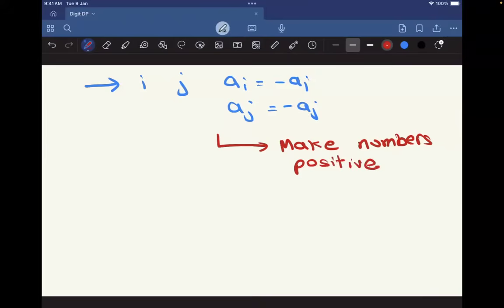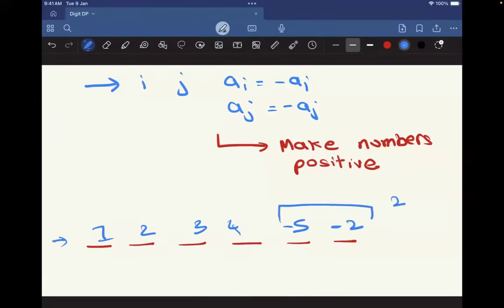Yes. Now, if this is the case, let's say our array is something like this. I have 1, 2, 3, 4, and -5 and -2. In this array, you can see that there are two negative elements.